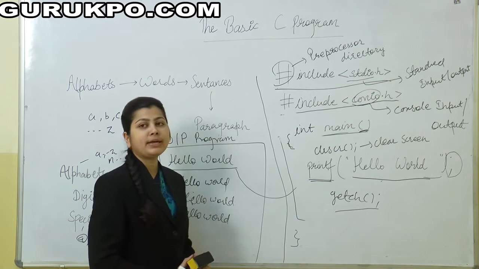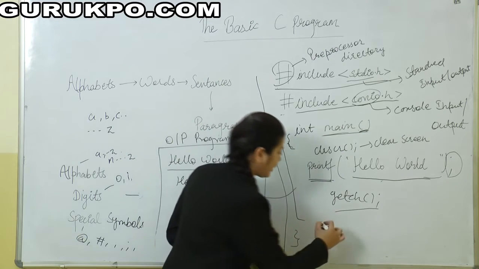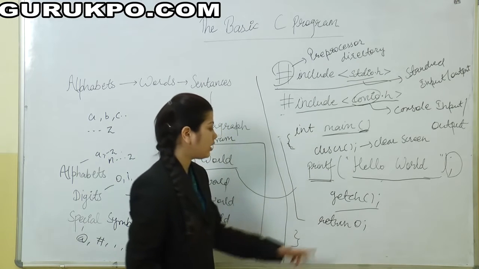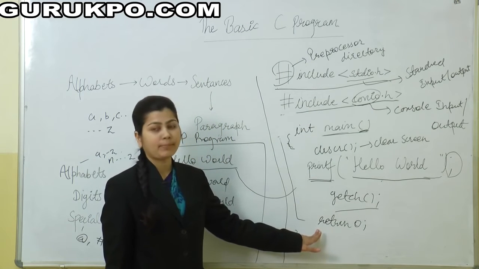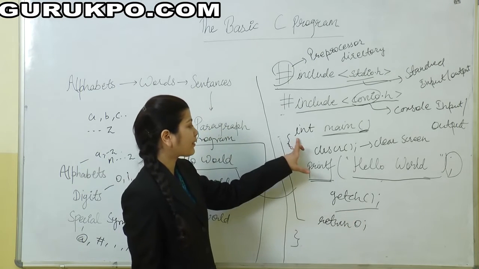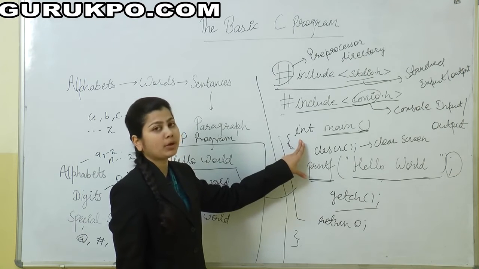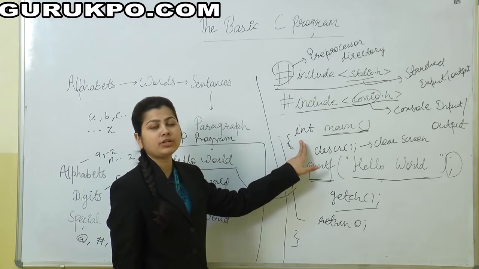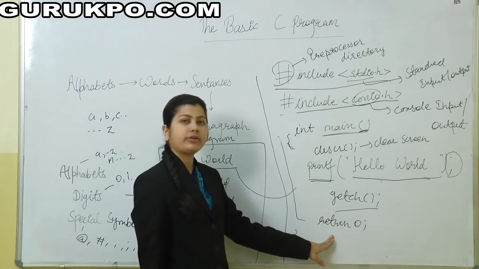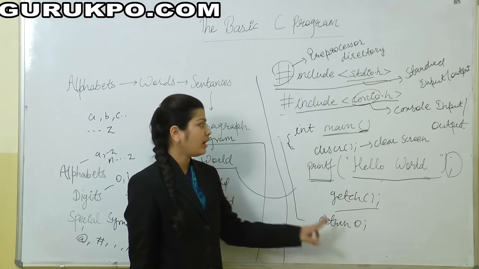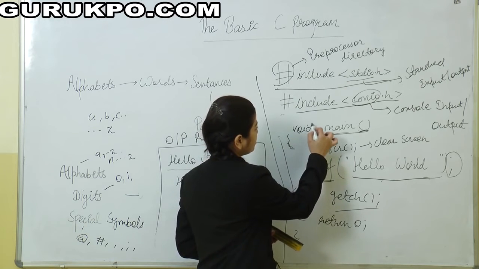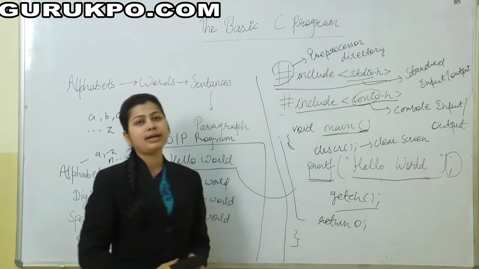So if we use int main in our program, then we have to write return 0 and a semicolon at the end of our program, because the return type of the main function is integer, so the program needs to return something. And if we use only void in our program, then we do not need to return anything because the return type of void is null.